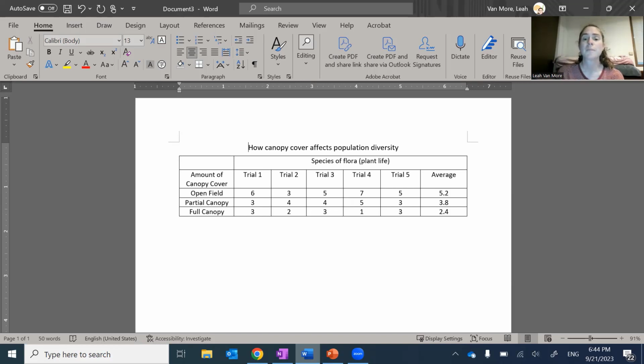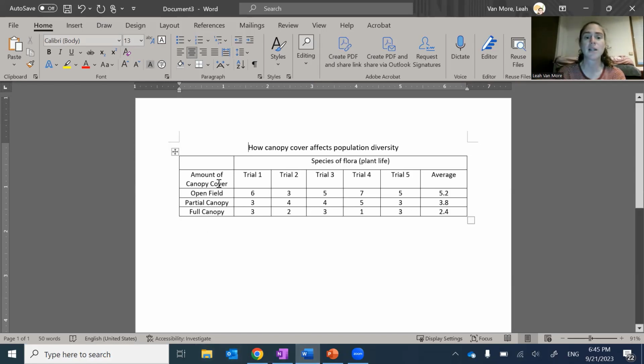If it's all grass, that's actually just one species. But if there's grass and a fern, that's two different species. So it's not how many individuals, it's how many different types are grown. You don't really need to know a lot about that in order to understand how I'm using this rubric.